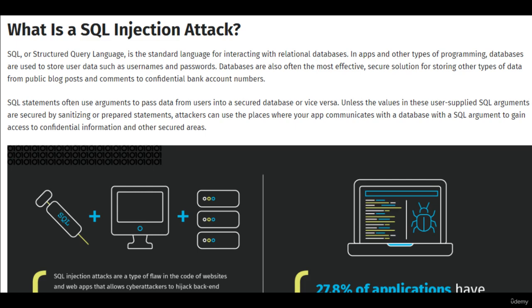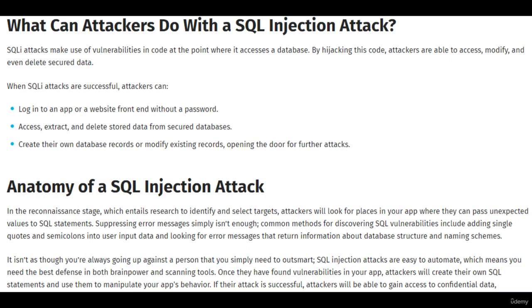In apps and other types of programming, databases are used to store user data such as usernames and passwords. Databases are also often the most effective secure solution for storing other types of data, from public blog posts and comments to confidential bank account numbers.